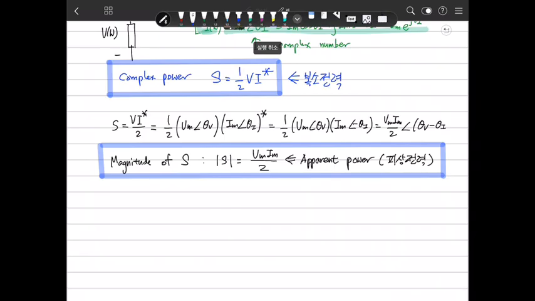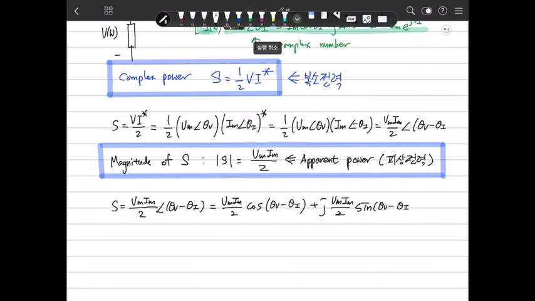Then we can change the complex power into other forms, because S is Vm Im divided by 2 at angle theta V minus theta I. It can be represented in rectangular form as Vm Im over 2 cosine(theta V minus theta I) plus j Vm Im over 2 sine(theta V minus theta I).